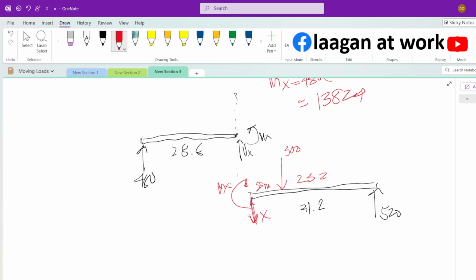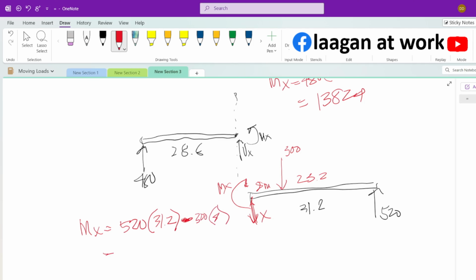So MX is equal to 520 times 31.2 minus, this time we will subtract 300 because it's in the same direction as the MX clockwise. So 300 times 8.